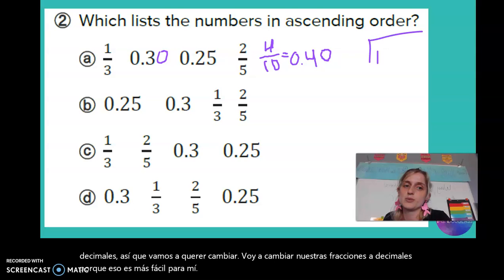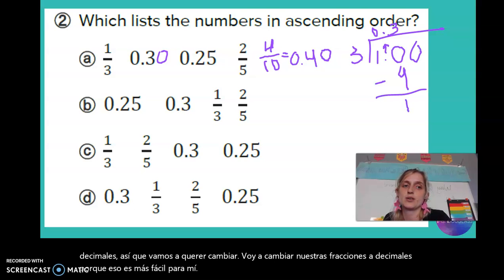This is one that you should be getting pretty familiar with seeing. Thirds are very common. You're going to add a decimal point, add a 0, and raise that 0 to the roof. 3 goes into 1 0 times. It goes into 10 3 times. 3 times 3 is 9. Subtract. Get a remainder of 1.